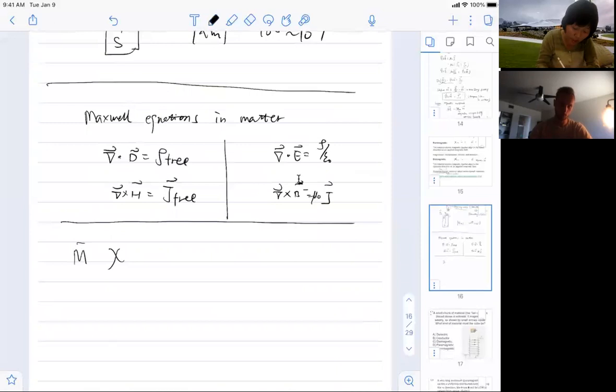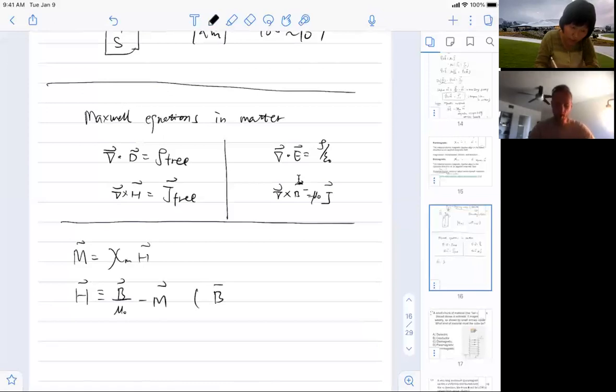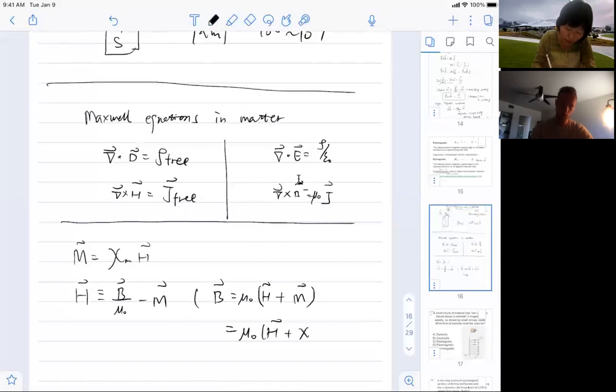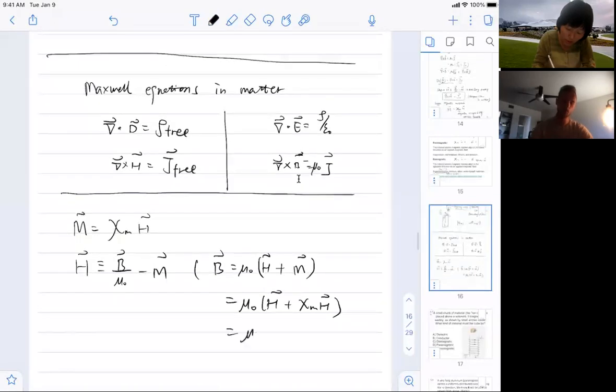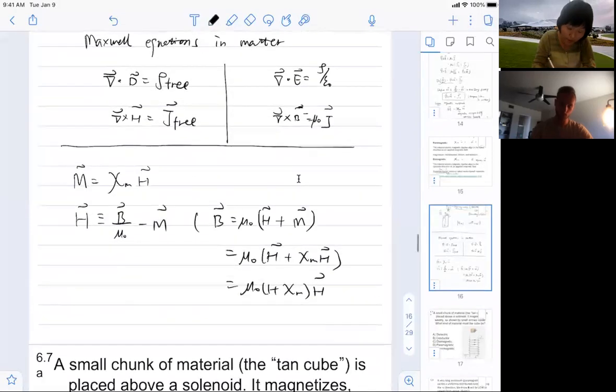M is chi M times H, and H is defined to be B over mu naught minus M. Or another way, you can say B is mu naught times H plus M. You can plug in M using chi H. So B is mu naught times 1 plus chi M, times H. And this entire quantity, sometimes we just use mu to represent it, which is the permeability of the material.